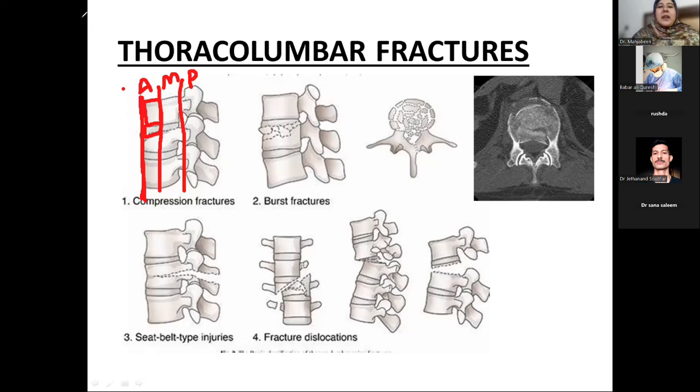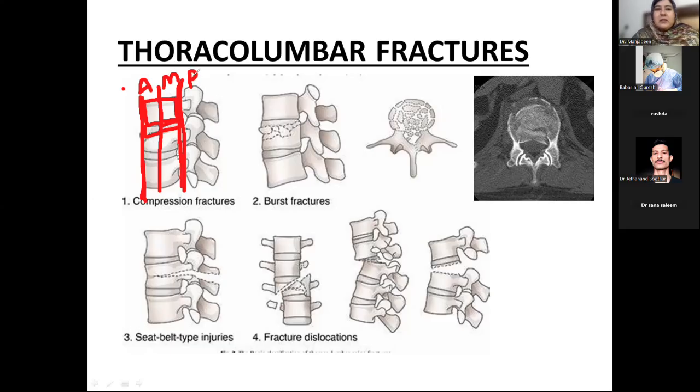So then we have the middle column. The middle column contains the posterior half of the vertebral body. Now mind it, it's the middle column, but it contains the posterior half. The posterior half of the vertebral body, the posterior half of the intervertebral disc, and this ligament which is the posterior longitudinal ligament. बाकी जो चीजें बच गई, they are in the posterior column.